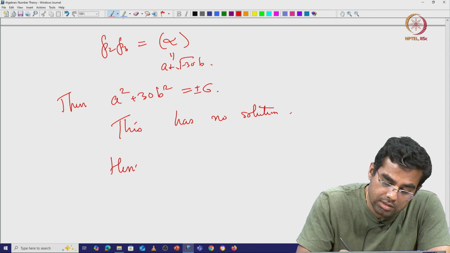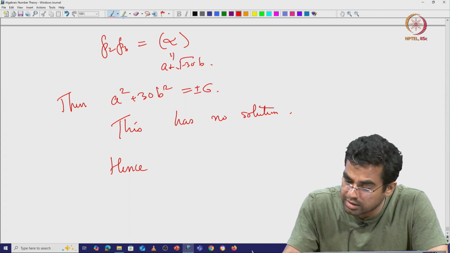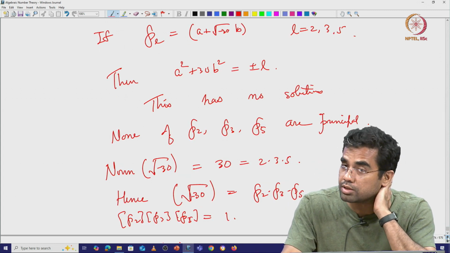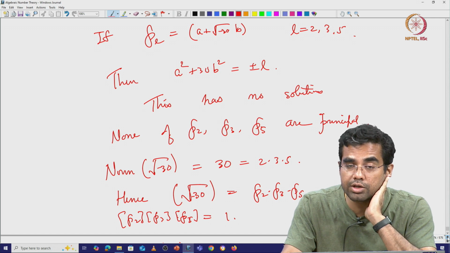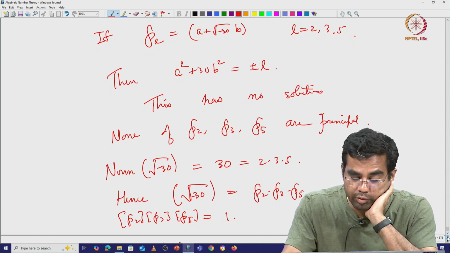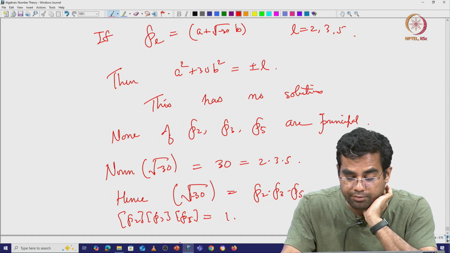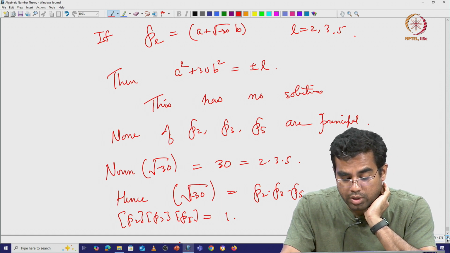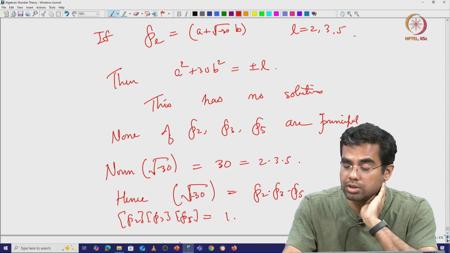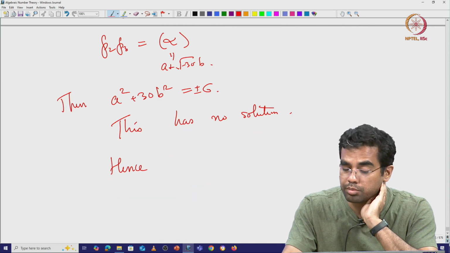So, that is enough to say that there is no other relation between P2 and P5 either, because if there were some relation between P2 and P5, then we would be able to write P5 in terms of P2, and then we would be able to write a relation between P2 and P3, and similarly between P3 and P5.